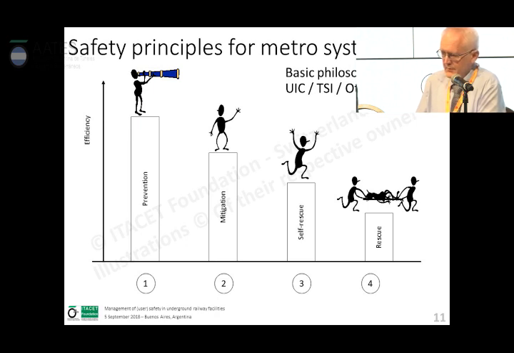Here is an example provided by the UIC or the technical standards for interoperability in Europe. There are others who have the same principles. So the key is always to focus on prevention of incidents, and then the second priority is the mitigation, so to reduce the severe consequences of an incident. And then there are measures for self-rescue and rescue.